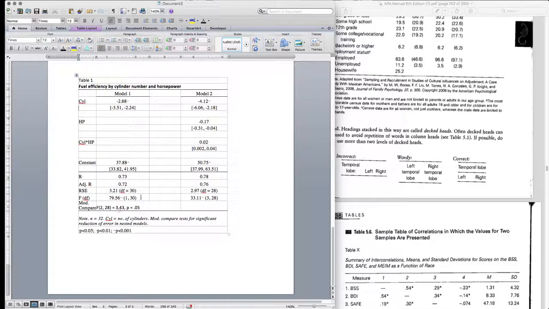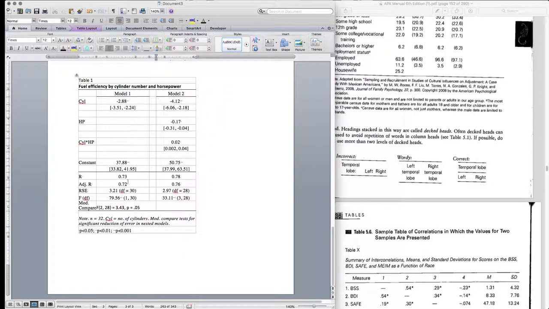But the point is that as you work through all of these tables, the nice thing is that in your results section you don't have to give any of this information. All you're doing is referring to this table. So your results section, instead of being this huge massive paragraph full of all sorts of statistical information, says as shown in Table 1, blah blah blah, and you just talk about the effects, you're not reporting the actual numbers.